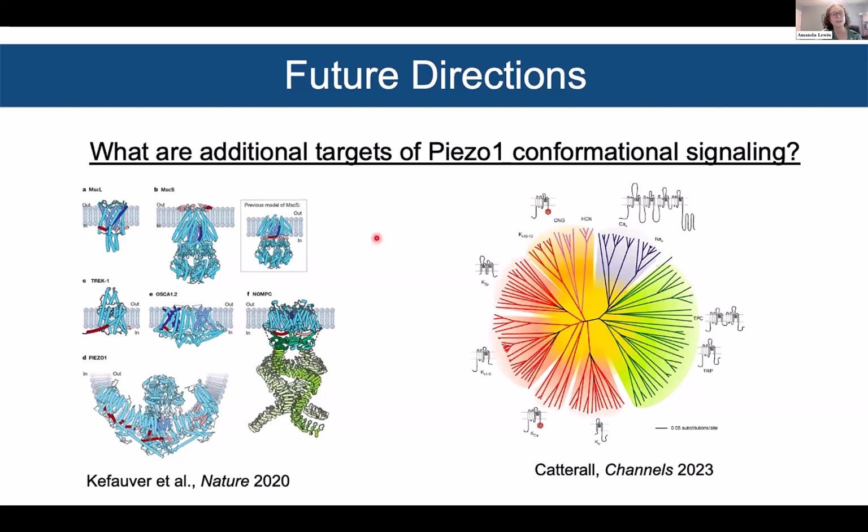Some voltage-gated ion channels are already known to be sensitive to modulation by mechanical force. And so when you expand this potential list of targets to the entire voltage-gated family, it's really quite large. Active experiments are underway in the lab to search for other targets of Piezo1 conformational signaling. We just really think that this should expand the way that we think about the roles that Piezo1 plays in physiology.